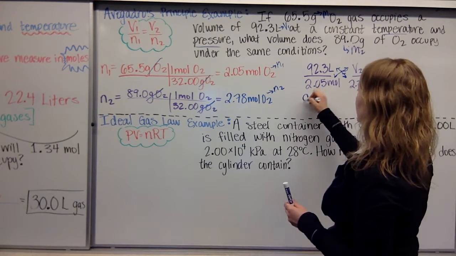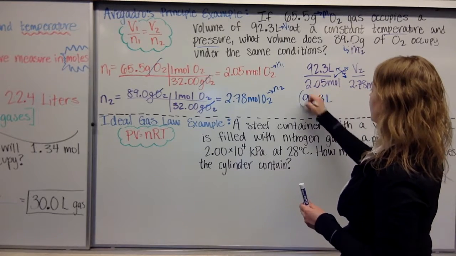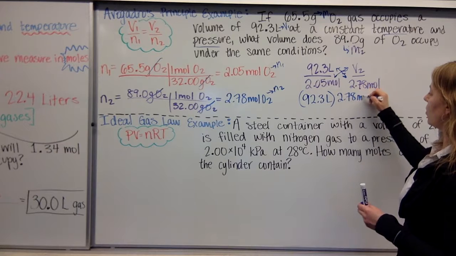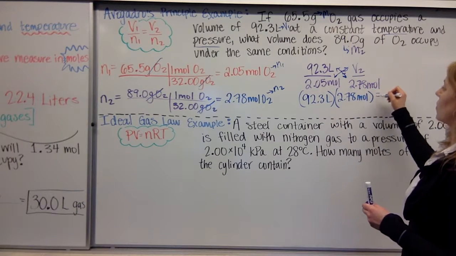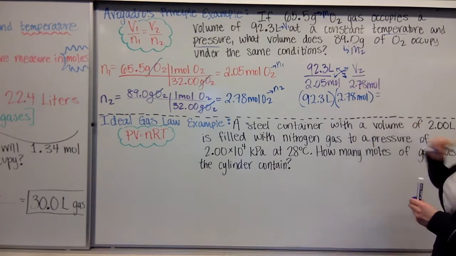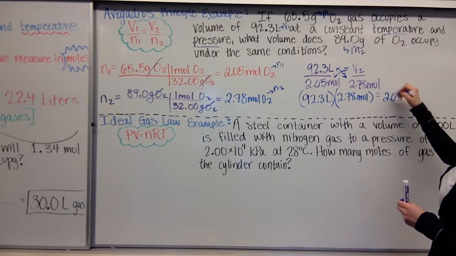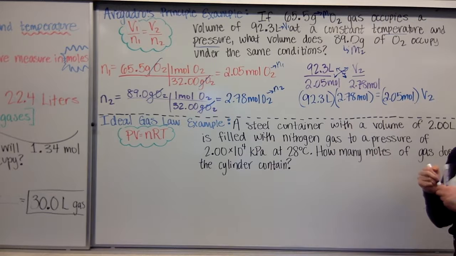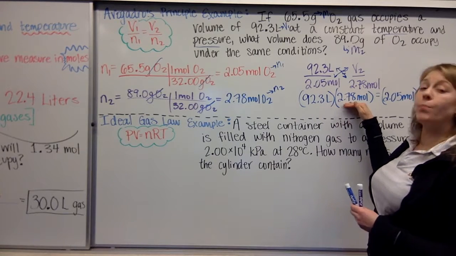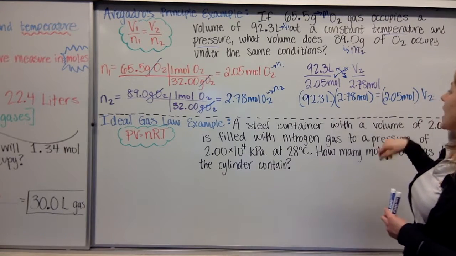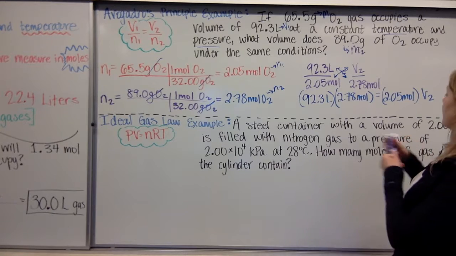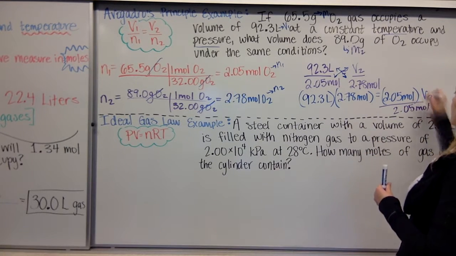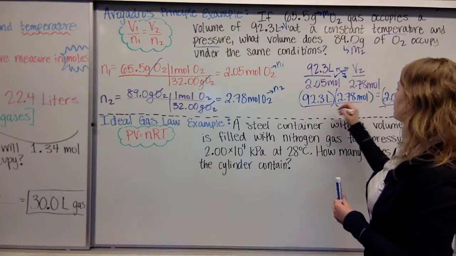So, 92.3 liters times 2.78 moles equals 2.05 moles times V2. Okay, we multiply 92.3 times 2.78 and divide both sides by 2.05 moles so that cancels out.